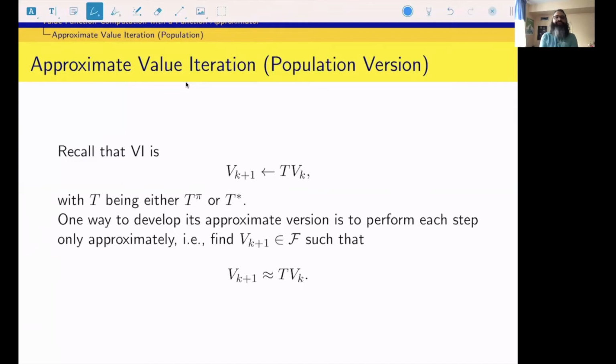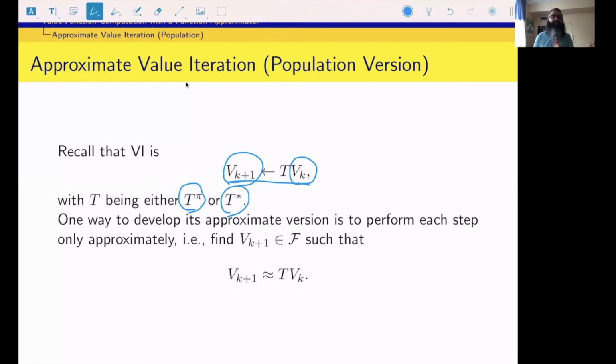As you recall, value iteration is one of the main algorithms in RL, and methods such as Q-learning would be a sample-based version of value iteration, as we saw before. So recall that value iteration is this iterative procedure that we get Vk, apply the Bellman operator T to get Vk plus 1. And T is either the Bellman operator for pi or the Bellman optimality operator.